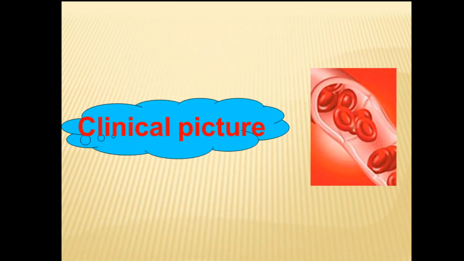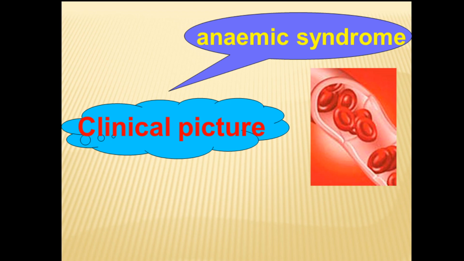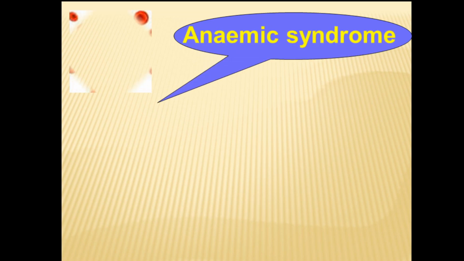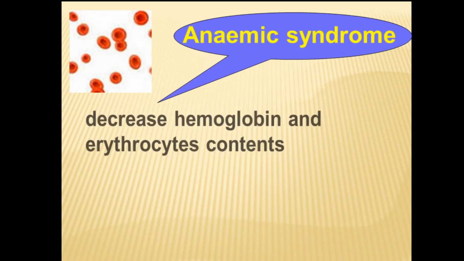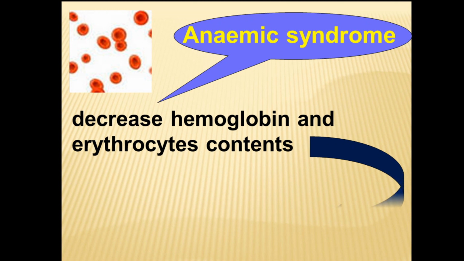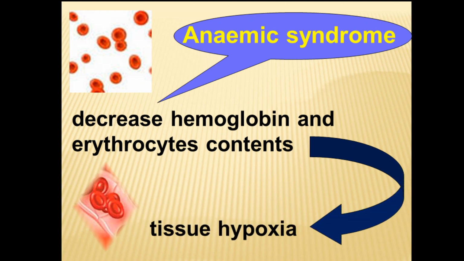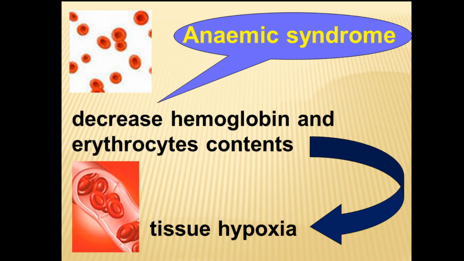Clinical picture: iron deficiency anemia may be divided into two main syndromes, anemic and sideropenic. I'll draw your attention to anemic and sideropenic syndrome, about which you forgot on the exam. Let's stop on the manifestations of anemic syndrome, which is formed due to decreased hemoglobin and erythrocyte content and, as a result, tissue hypoxia.